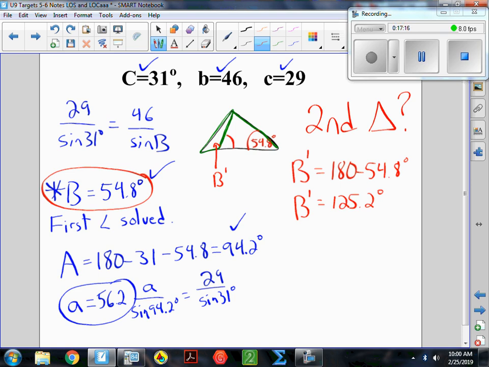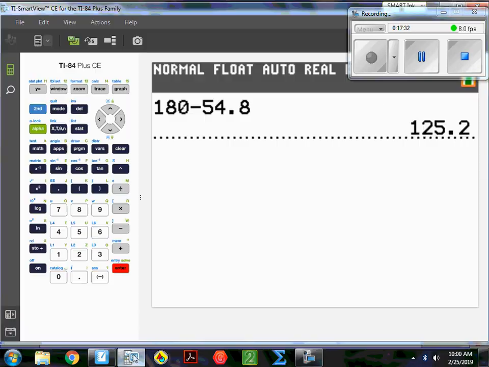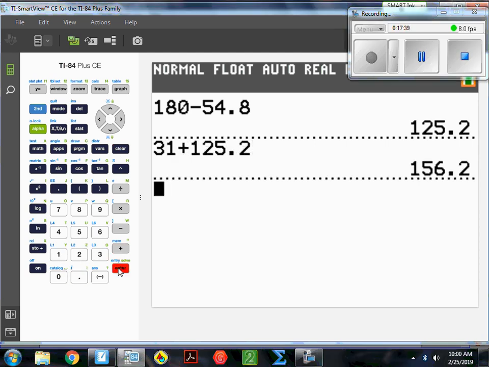I can check right away with this 125 to see if a second triangle actually exists. If it does, that 125 has to fit in a triangle with the original 31 degrees. Well, 31 plus 125.2 gives me 156.2, which means that there is in fact a second triangle, because this number is small enough that there's room for a third angle.